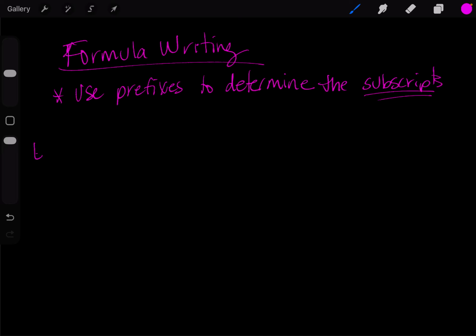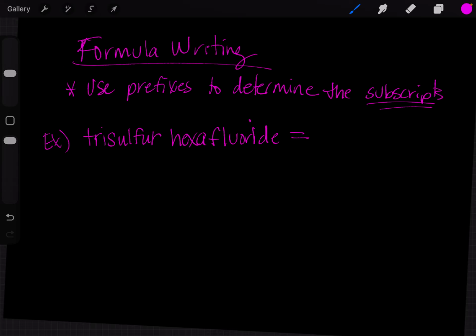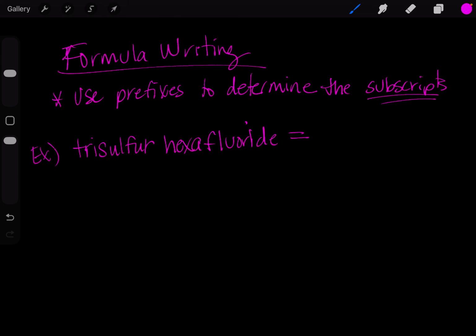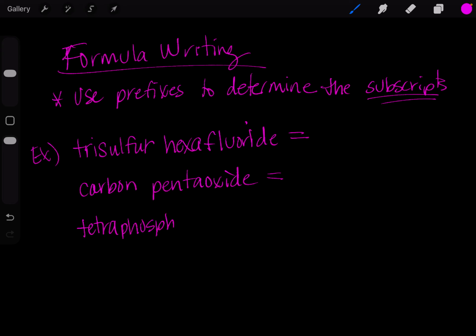So example, if I have trisulfur hexafluoride, and my next example is going to be carbon pentaoxide, and then I'm going to have tetraphosphorus dioxide.